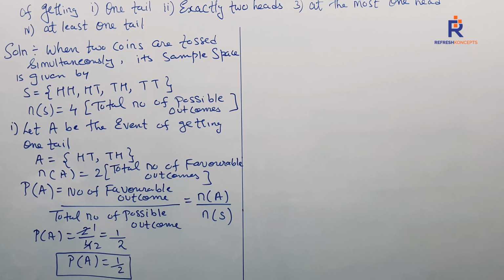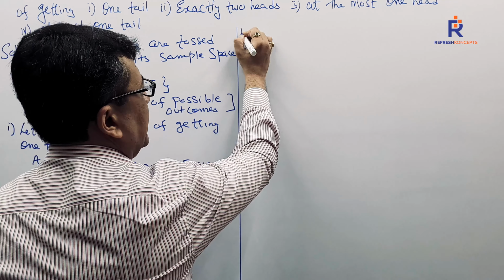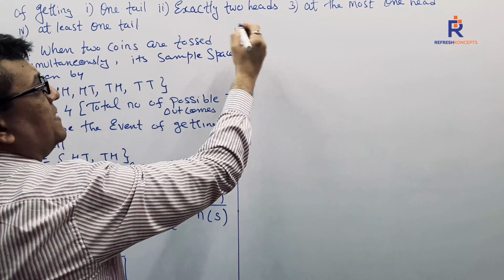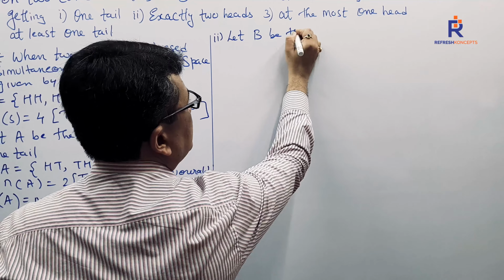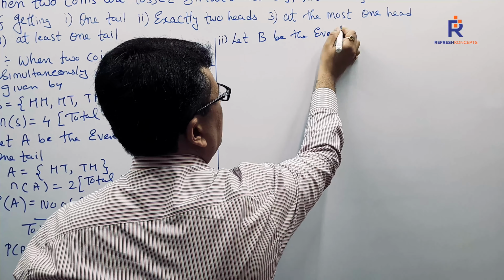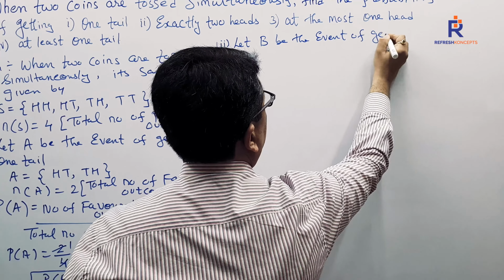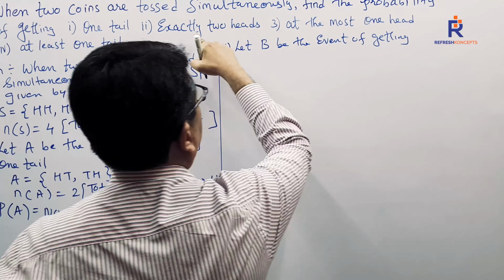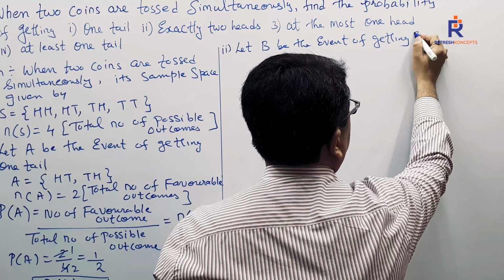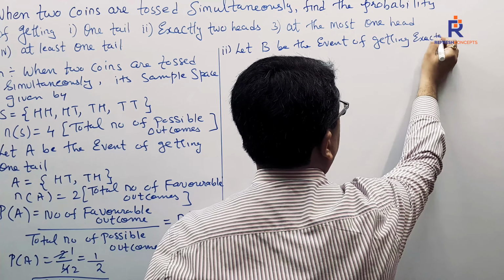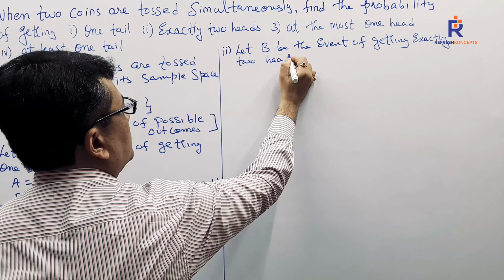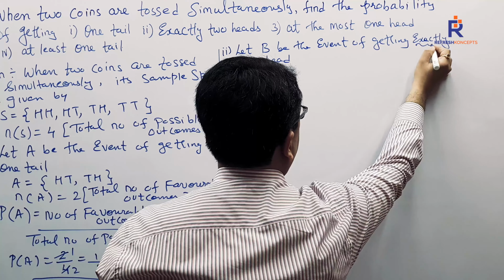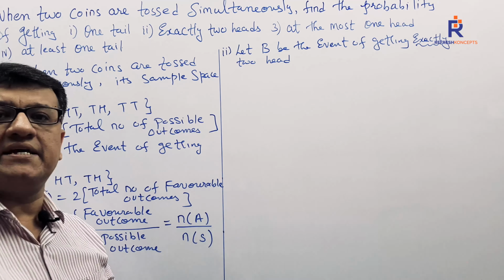Let's proceed further with the next event. Let B be the event of getting, what have they said? Exactly 2 heads. Children, we have seen this in our previous slides.